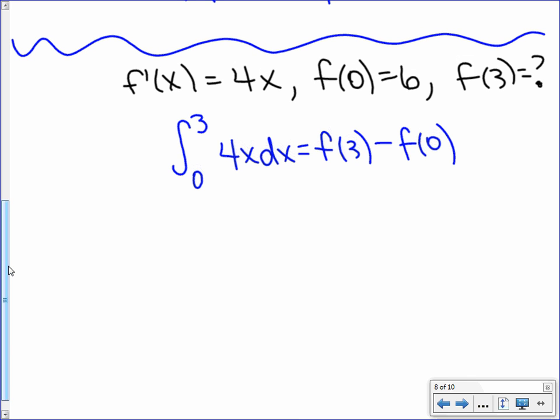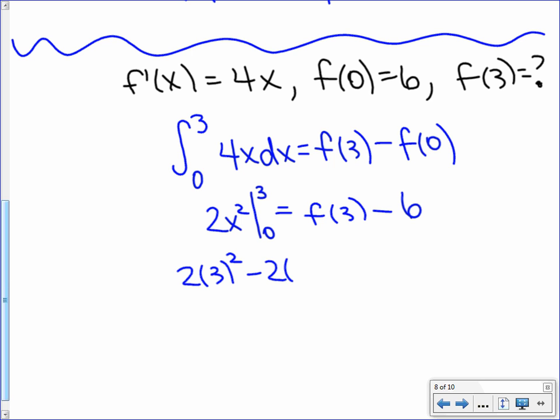So we know that the antiderivative is 2x squared, and we're going to evaluate it from 0 to 3. We also know that f of 0 is 6. So we have 2 times 3 squared minus 2 times 0 squared equals f of 3 minus 6.